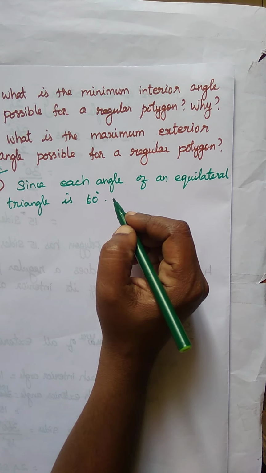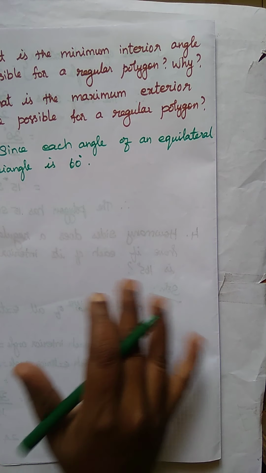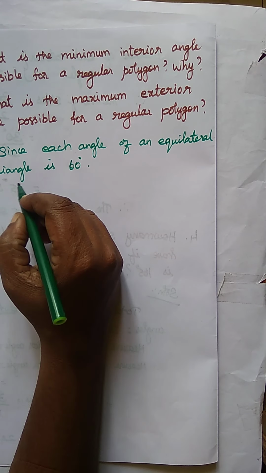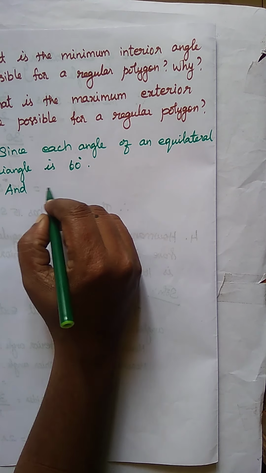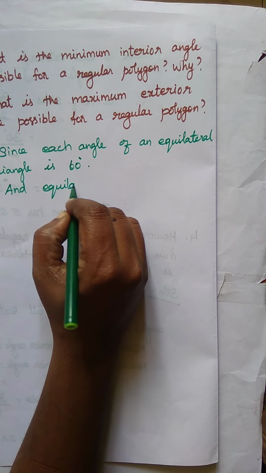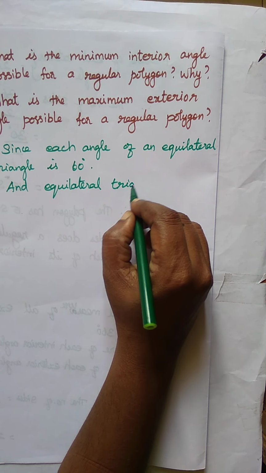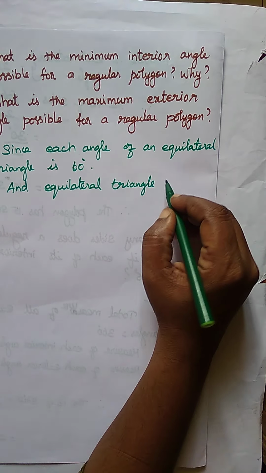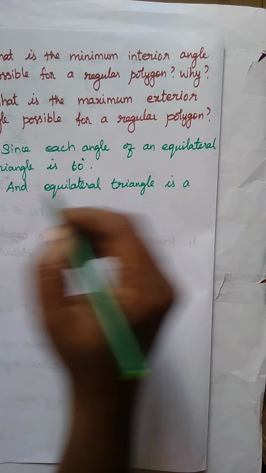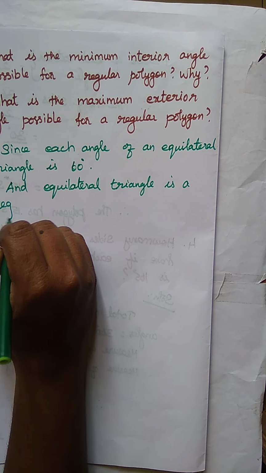Okay. Now an equilateral triangle is a regular polygon. An equilateral triangle is a regular polygon.